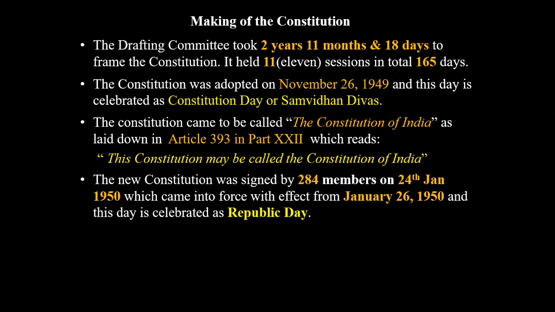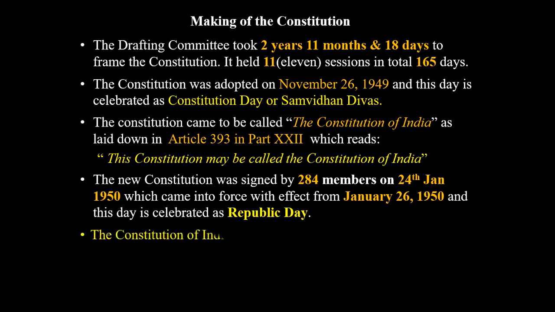The constitution came into force with effect from January 26, 1950, and this day is celebrated as Republic Day. Well, January 26 was chosen for the promulgation of the constitution because since 1929, the Indian National Congress has been celebrating this day as Purna Swaraj or Independence Day.